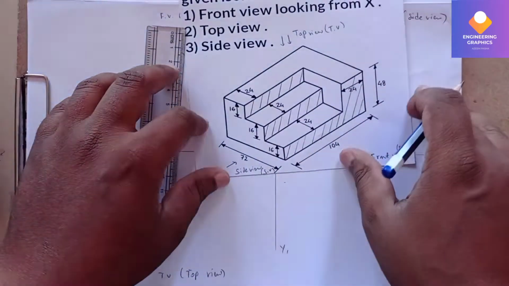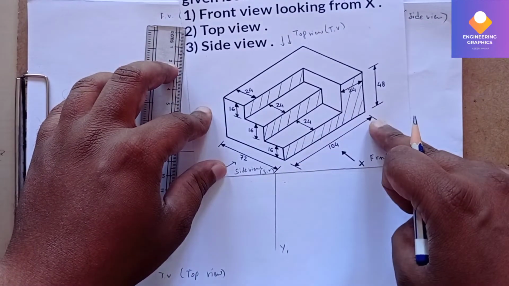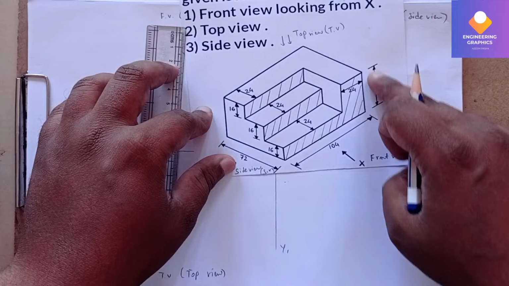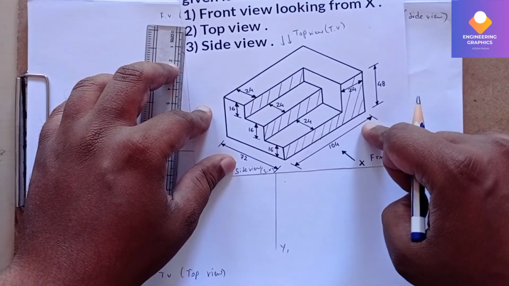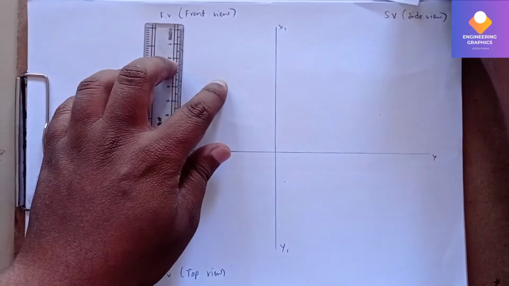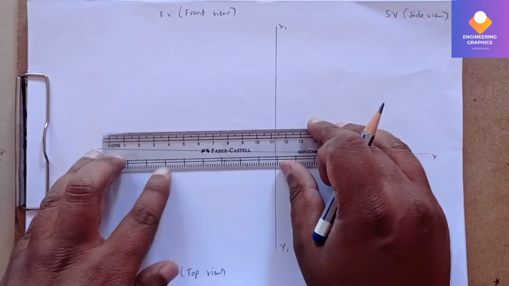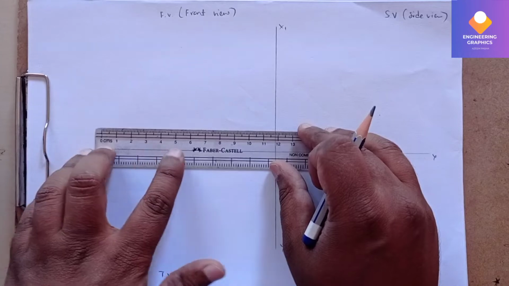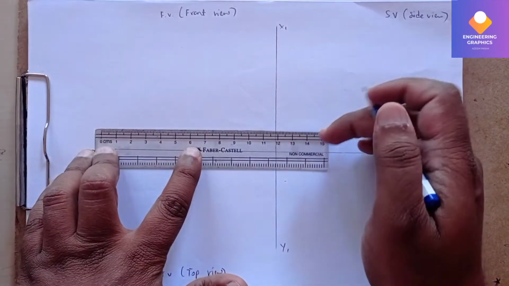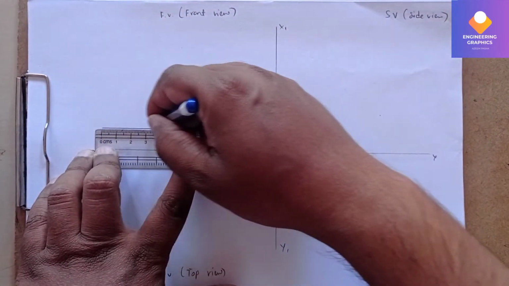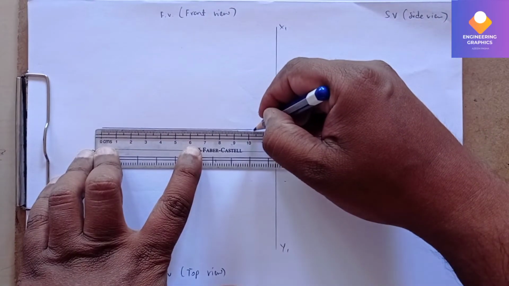We need to draw it. You can see the length is 104 mm and the height is 48 mm. So we can construct one rectangle of 104 by 48 mm with thin lines. I'll be drawing a horizontal line for 104 mm. You can see all these dimensions are in mm.